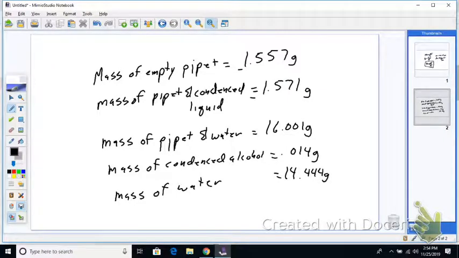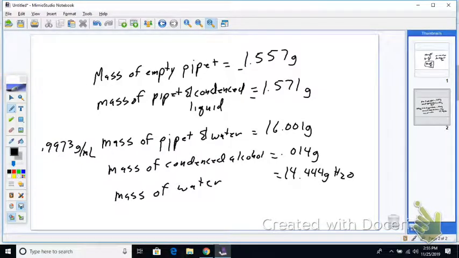The volume of the pipette. Okay. So this is the mass of the water in the pipette, and we know the density of water is 0.9973 grams per milliliter. So here's the grams of water.